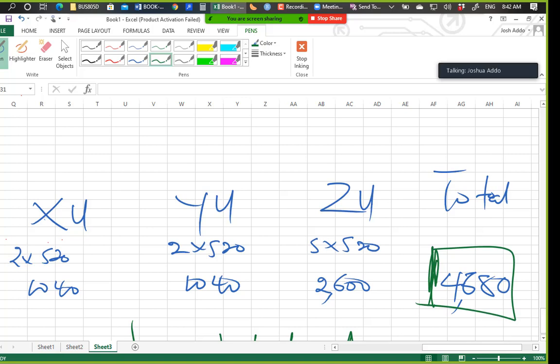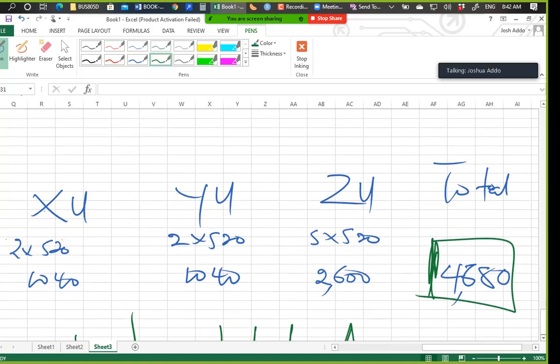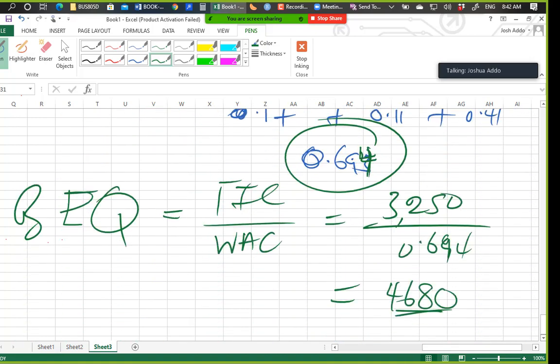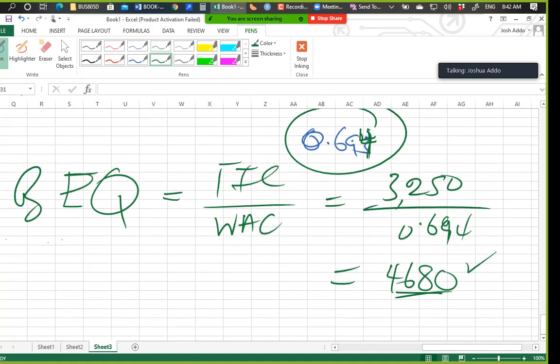The total units for the 3 products combined, and then you will sort them into their categories. So that's what we have gotten. In case you had a slightly different figure from this, it is purely as a result of the rounding we have been doing. So if you like, you can use all the decimal points in your calculation. You will get exactly 4680.